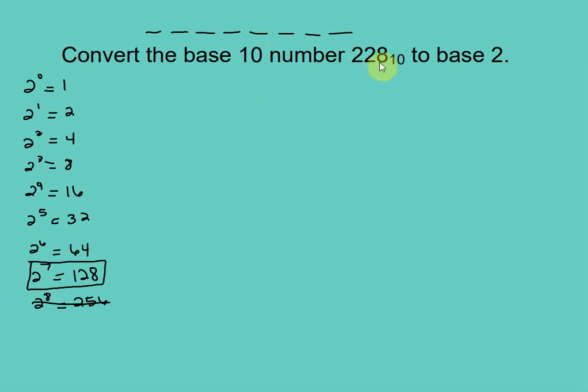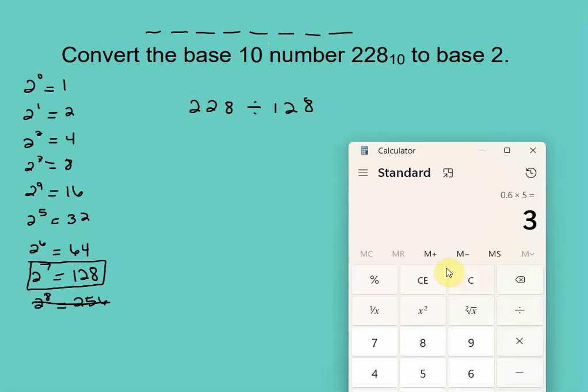Okay, so now we take our number that we're trying to convert, which is 228, and divide it by 128. Let me get my calculator out and clear it. I have 228 divided by 128, and I get 1.78125.